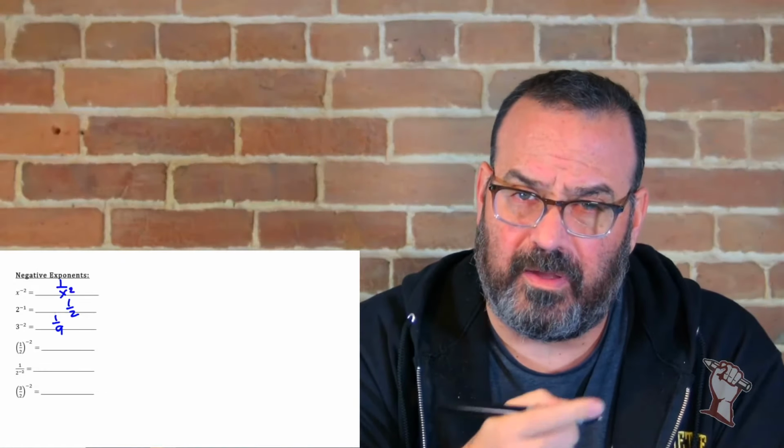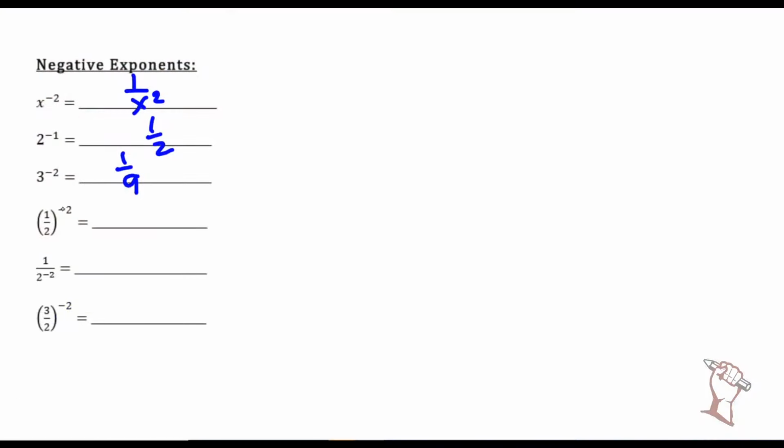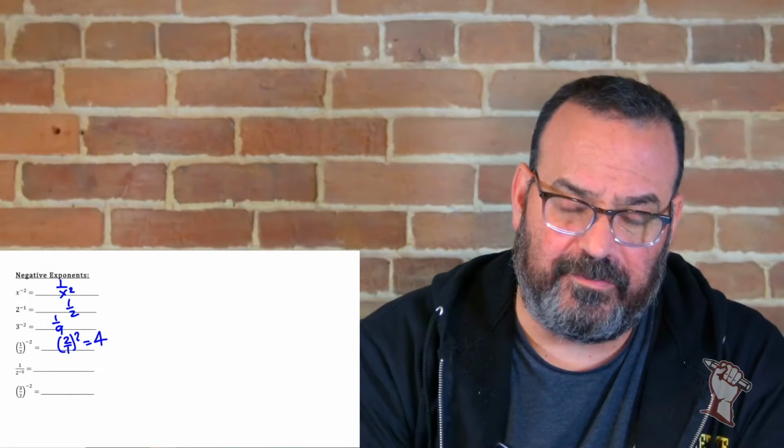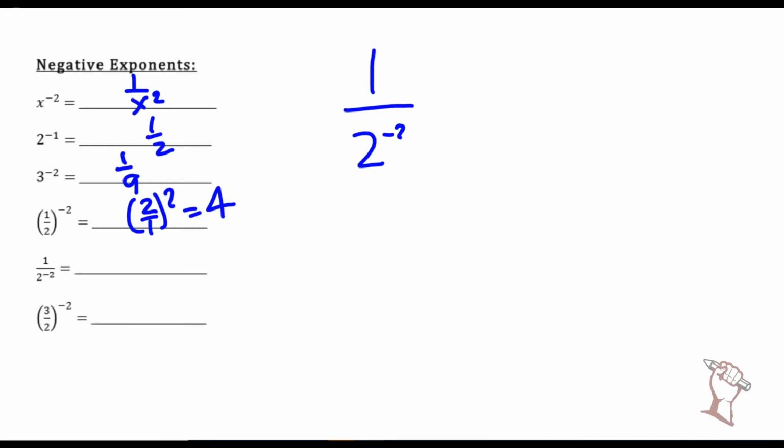Fractions can also have a negative exponent. So 1/2 to the negative 2, the negative flips the number, so it would be 2 over 1 squared, which is equal to 4. I could also put the negative exponent in the bottom. So if I have 1 over 2 to the negative 2, let's split this into 1 over 1/2 squared, or 1 over 1/4.